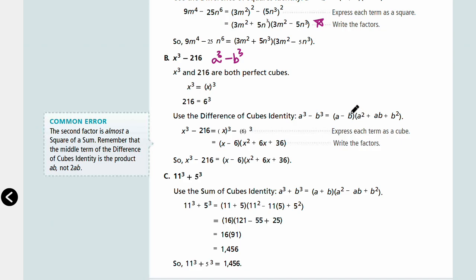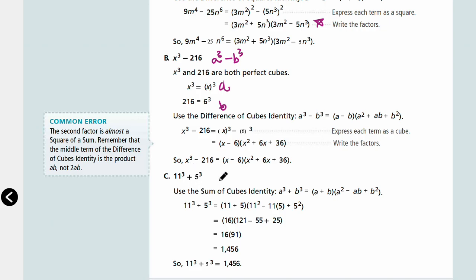So you can use A and B. This could be A, that could be B, and rewrite it as factors like this. So x minus 6 times x squared plus x times 6 plus 6 squared, and then you can say that you factored it out. Ready? So there you go.